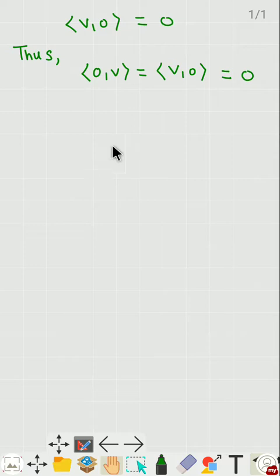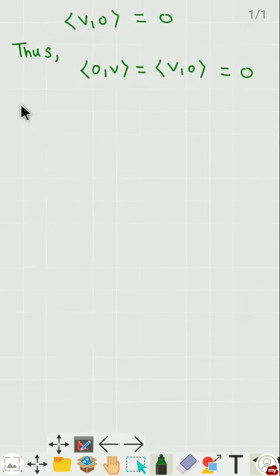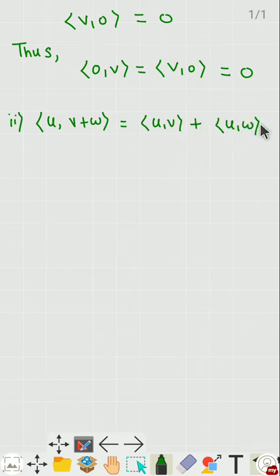The second thing is the inner product of u with v plus w. What we have to prove is that it is equal to the inner product of u with v plus the inner product of u with w. So let us prove.